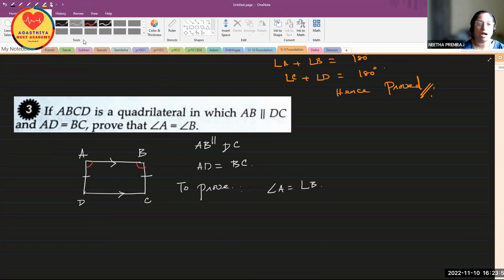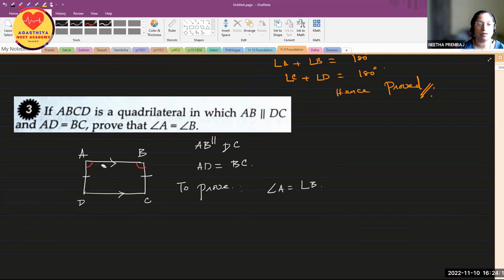What I do, I draw like a trapezium. We don't know, right? I draw so we will have a better understanding.